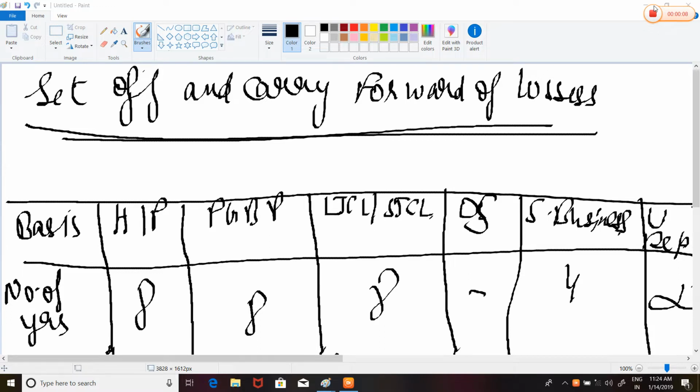We have completed the basic part of income tax. Now let's start with our new fresh topic: set off and carry forward of losses.